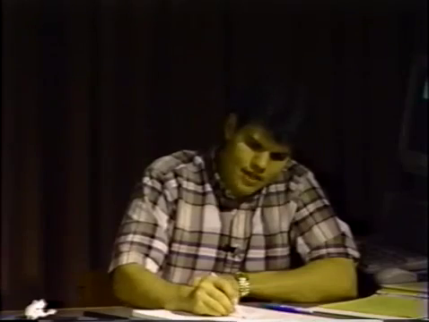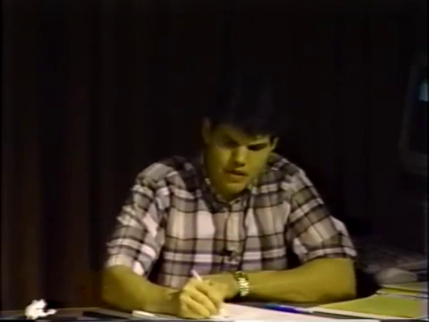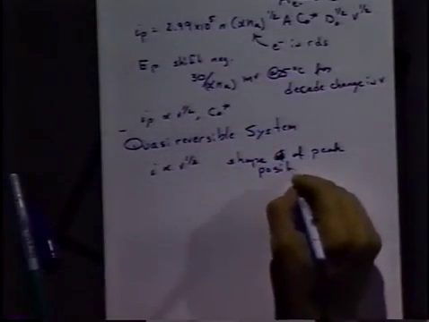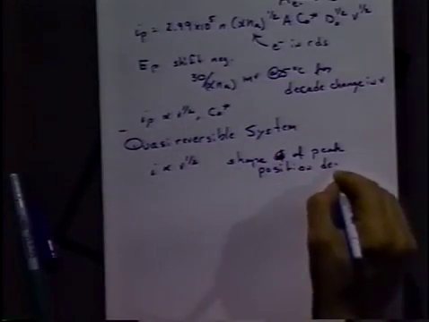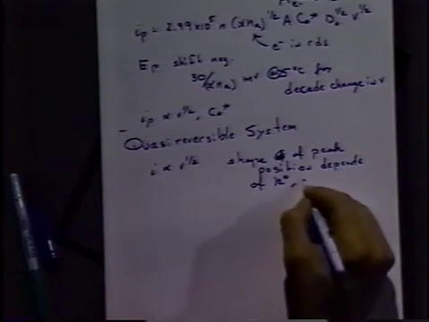What happens is that we have to consider clearly what the value of the kinetic terms are. So the shape of the peak and the position depends on K0 and alpha.